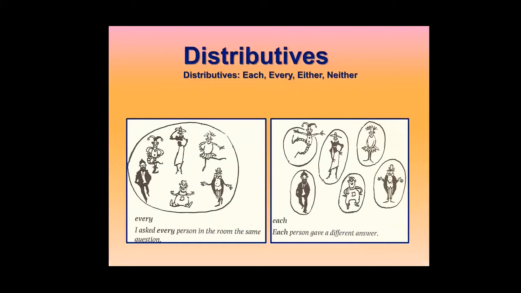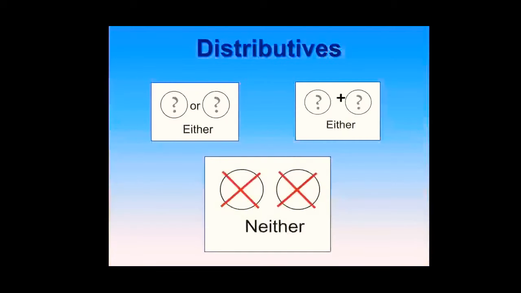Now see the next picture, each. Here each is representing individuals one by one. That is why you can see in the picture that they are shown in different circles. Example: each person gave a different answer. Next, distributives are either and neither.